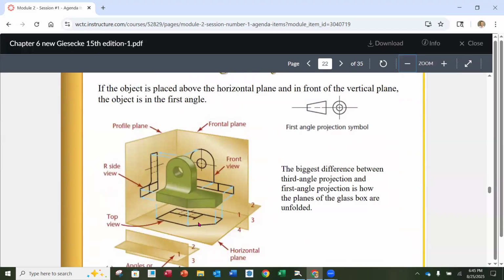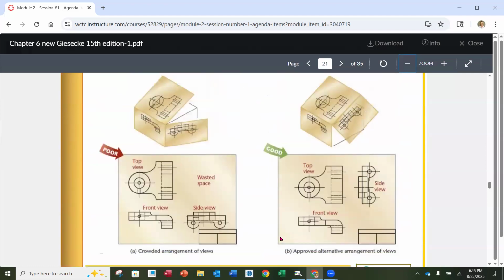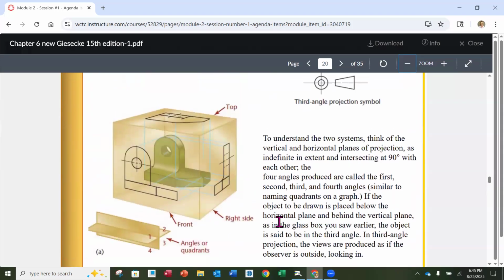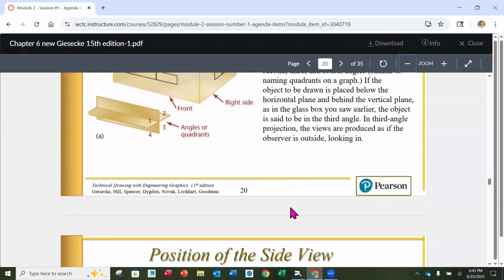So just something to be aware of. I'm not going to have you draw in first angle. Our standard here in the United States, and what we teach in this program and what the companies you would potentially work for use, is all third angle projection. So everything that we've been looking at has been third angle projection, the right way.